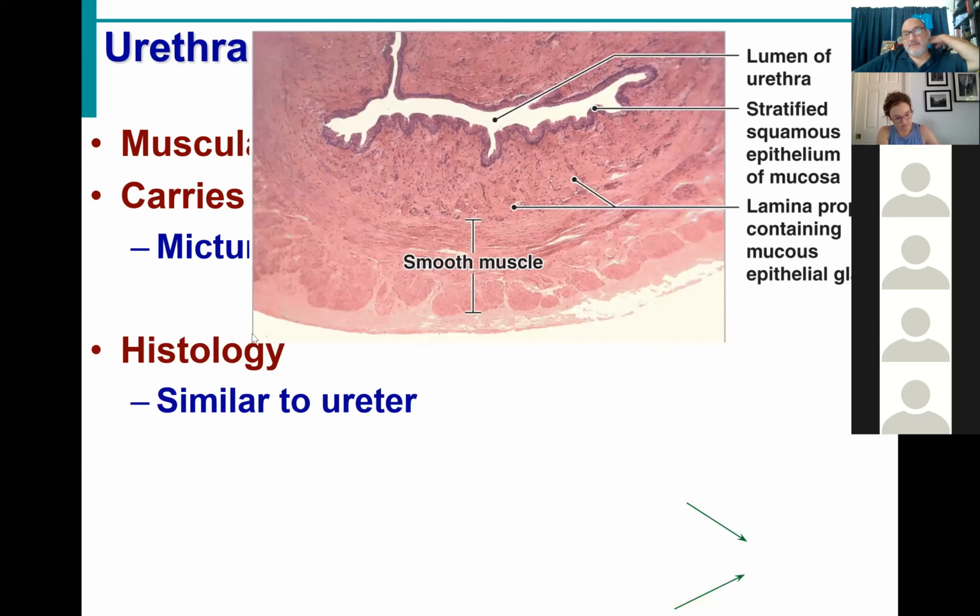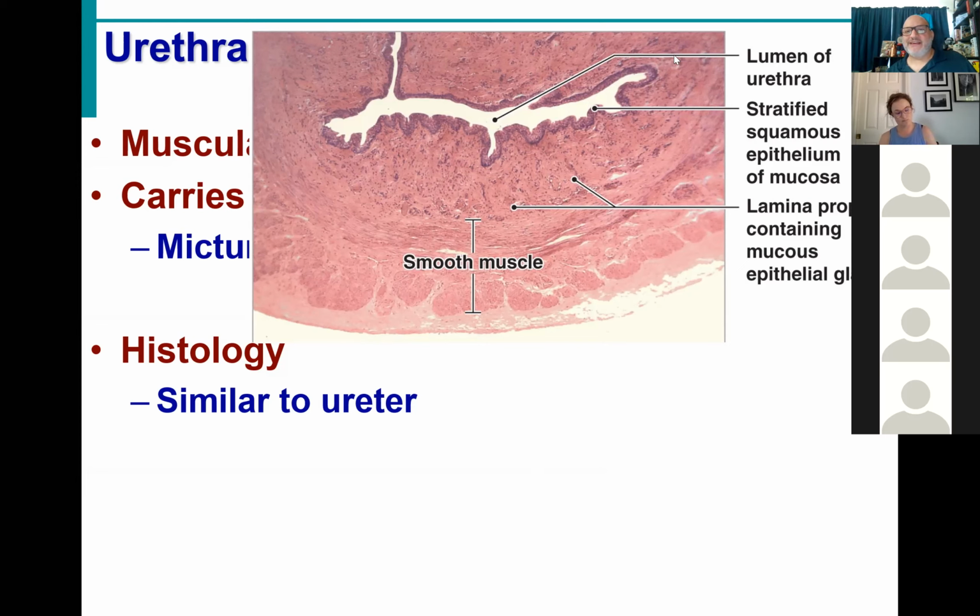Now, as I mentioned, it can be tricky to tell the difference between the urethra and the ureter. Both are typically small enough to be seen on a microscope in its entirety, especially if you are looking at a comparative urethra, like in a rat or something along those lines, which are typically what you see on slides.